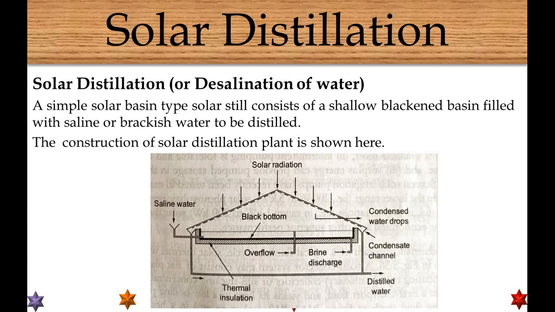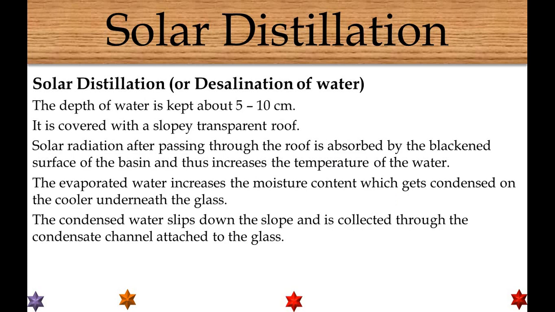The brackish water is filled in the basin, and the solar radiation is received by the transparent layers, and then that salty or brackish water may be converted into fresh water, and it is collected through the channel. So here the depth of the water is kept about 5 to 10 centimeter.